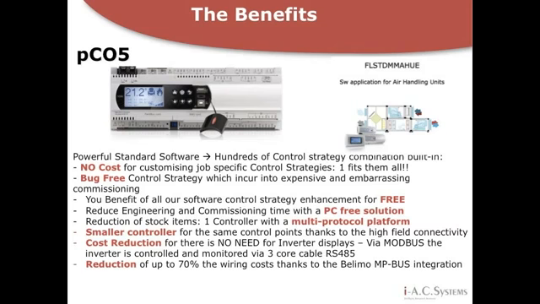The average percentage of wiring reduction around the air handling unit is about 70%. This is applicable when you opt for a Belimo MP-Bus integration of the actuators on the unit. Allow me to comment that the configuration of the MP-Bus network is as simple as drinking a glass of water.